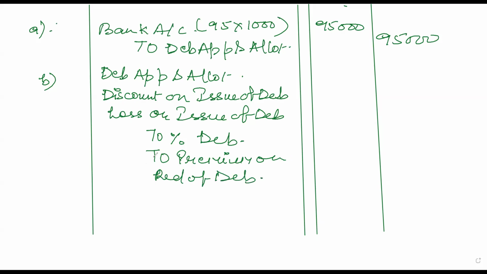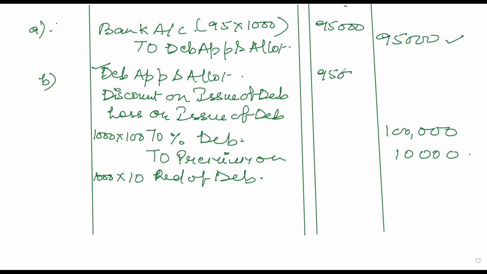As for the amounts, here the premium is 10%, so the premium will be 10,000. 1000 is the number of debentures, and the company is paying a premium of 10% on redemption. The debentures will be at face value, so 1000 multiplied by the face value of 100 gives 1 lakh, and here it will be 10,000. For debentures application and allotment, you write the same amount, that is 95,000. Clear?